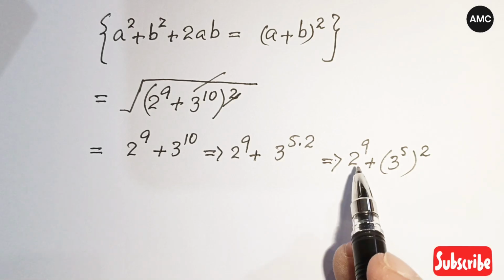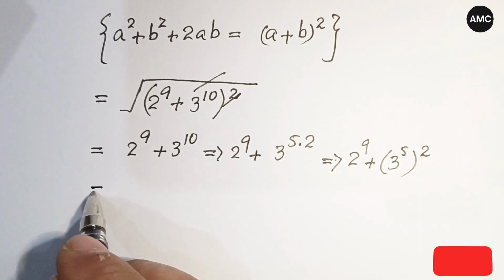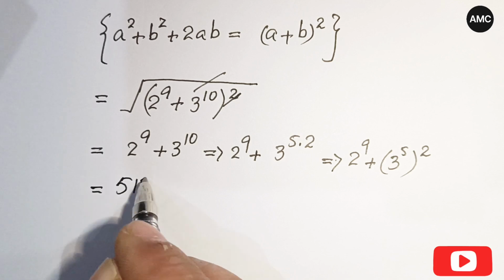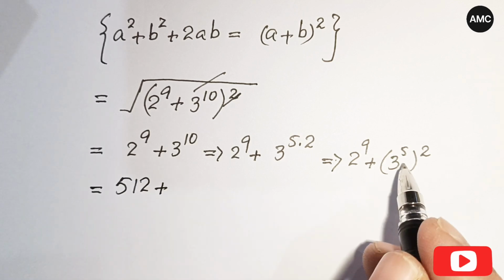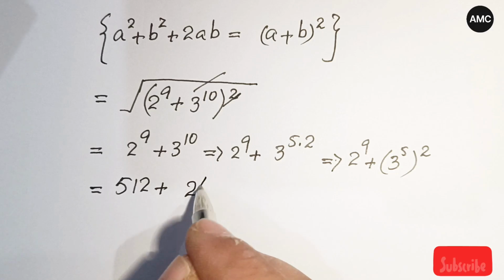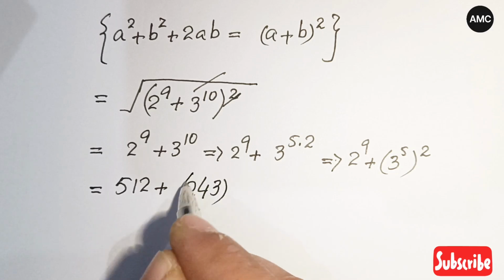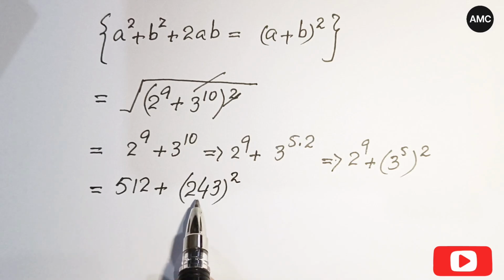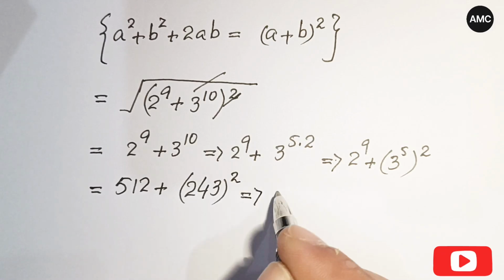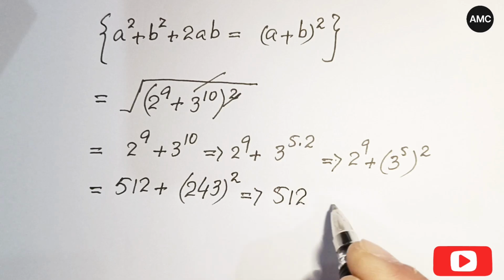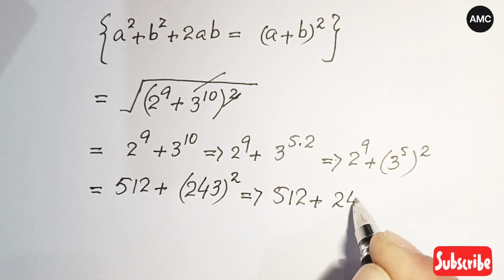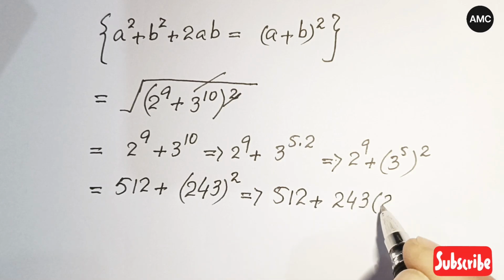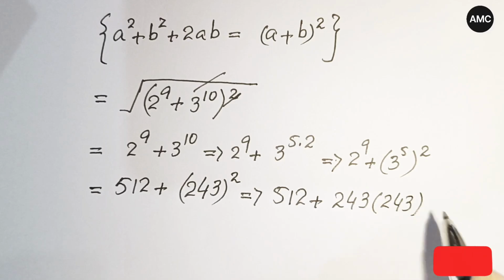Now we know that 2 to the power 9 is equal to 512 plus 3 to the power 5 is equal to 243 whole squared. Here this squared 243 can also be written as 512 plus 243 times 243.